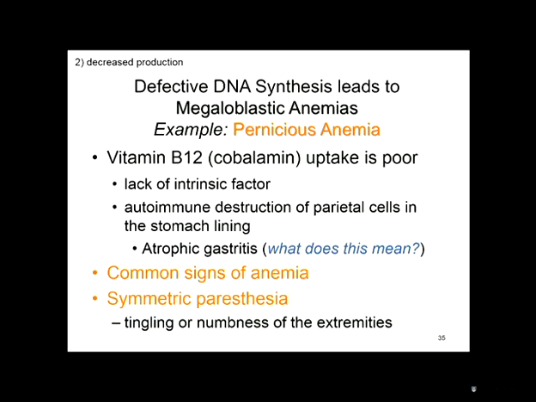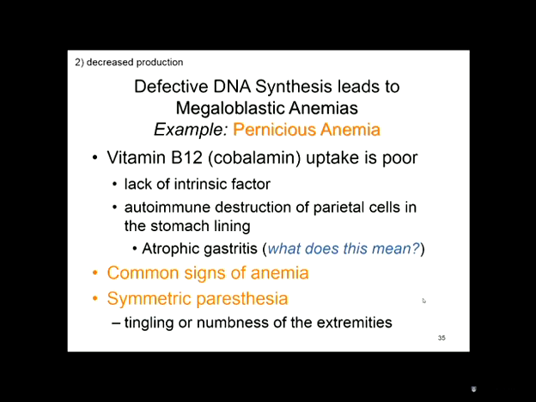What does gastritis mean? Inflammation of the stomach lining. And what does atrophic mean? Reduction in size, right? Reduction in cell number and size. So atrophic gastritis means you're losing cells and you have inflammation. All right, and that's characteristic of this type of anemia.